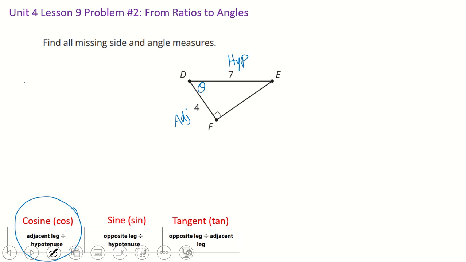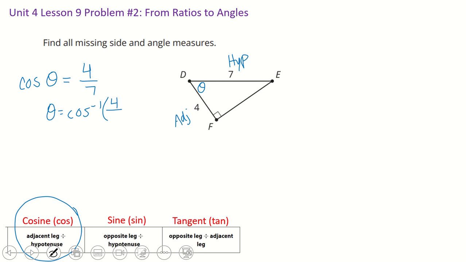So I'm going to go ahead and do it on the left. So I'm going to say cosine of my angle, which I don't know how big it is, equal to the ratio of the adjacent leg 4 over my hypotenuse, which is 7. Again, to solve and get theta by itself, I have to do the inverse of cosine.